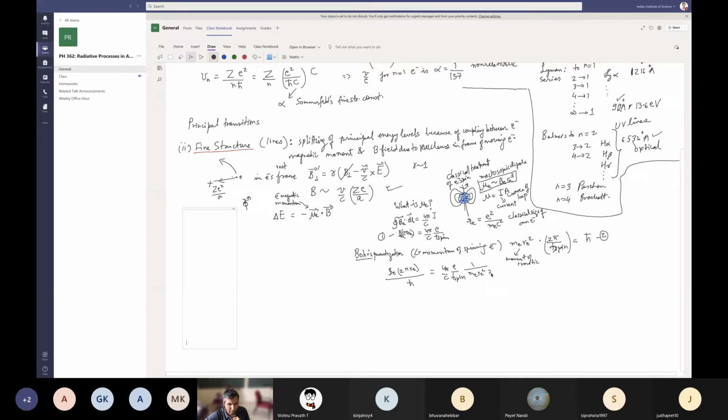And there is a 2 pi here. So basically, T_spin gets cancelled. This gives us B_e equal to 2e by m_e r_e squared c.